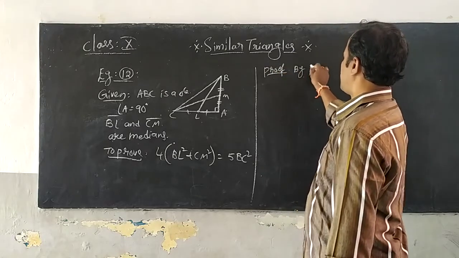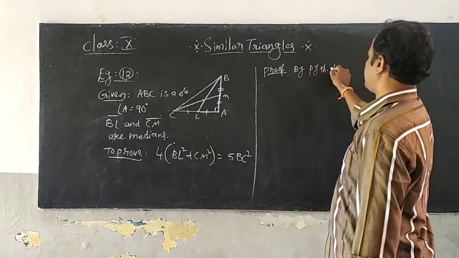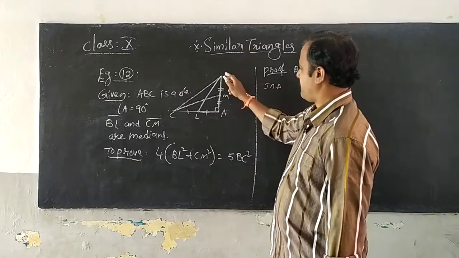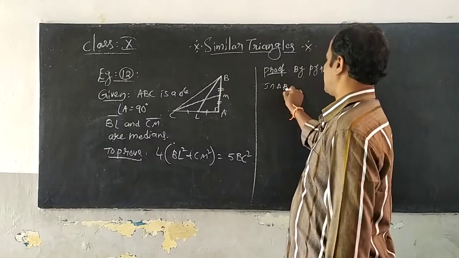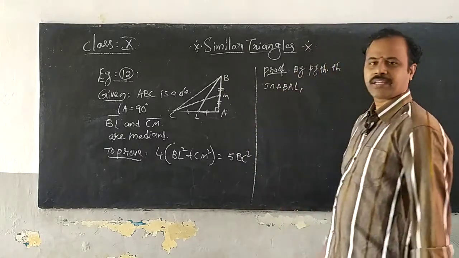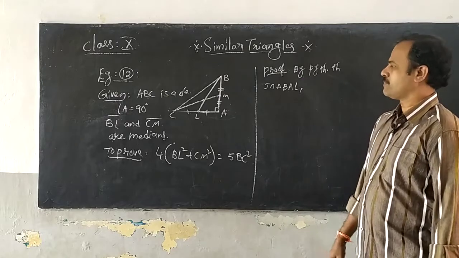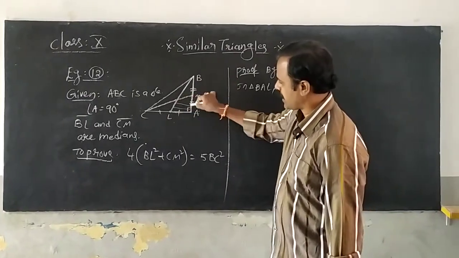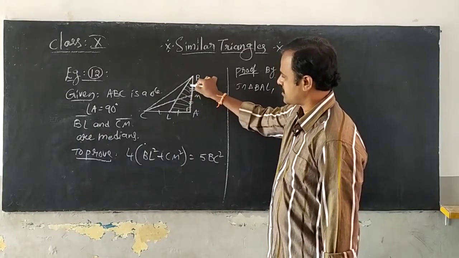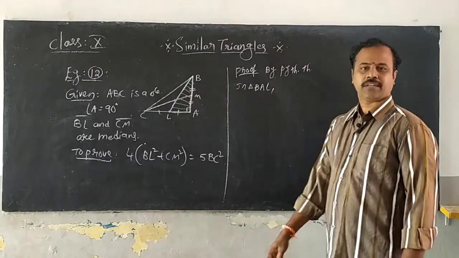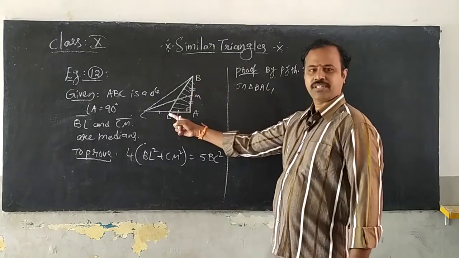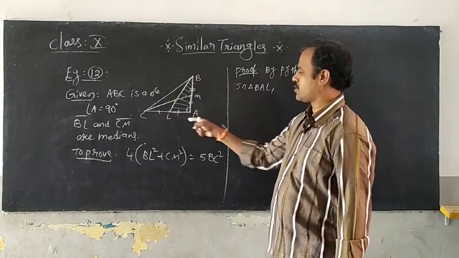By Pythagoras theorem in triangle BAL, observe the triangle BAL. This is our triangle. Tell me what is the Pythagoras theorem there. Yes, hypotenuse square is equal to sum of the squares of other 2 sides.